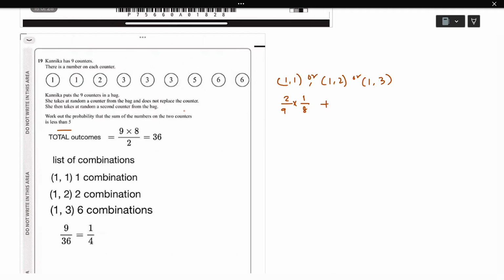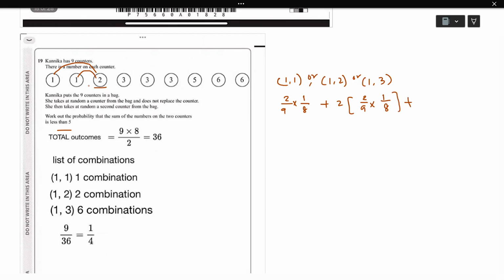Plus next, 1 comma 2, there are 2 chances: this 1 and 2, this 1 and 2, so 2 times. The 1's chance is 2 over 9 and the 2's chance is only one 2, so 1 over 8.